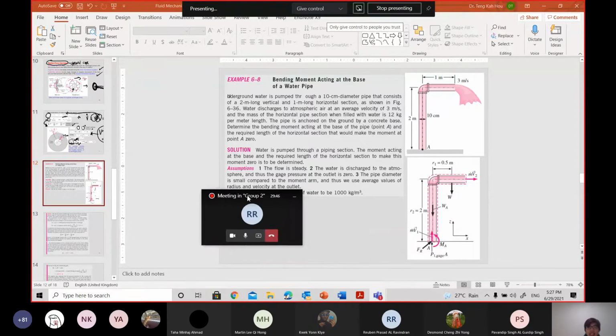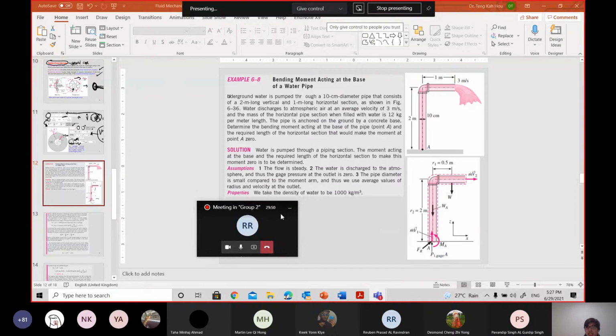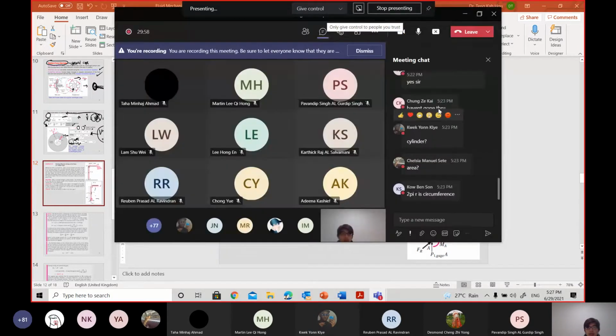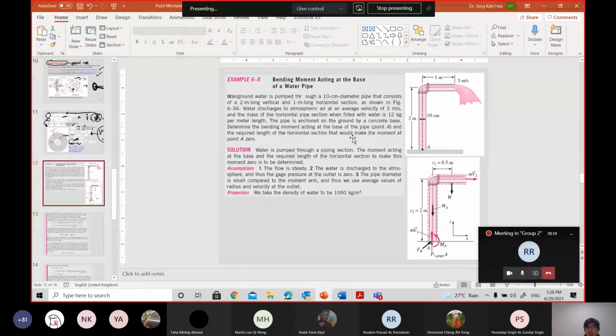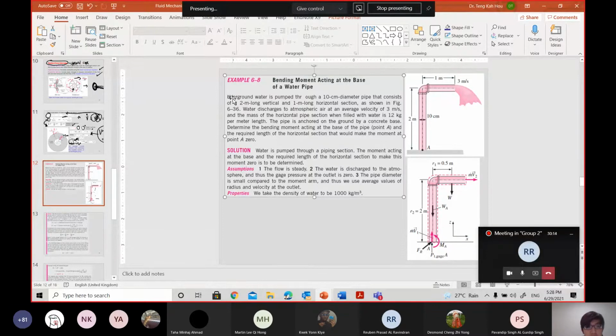I believe perhaps not every one of you has been trying. So please spare 5 minutes to try on this. And 2 pi r is the circumference, yep, just check it. You're almost there.